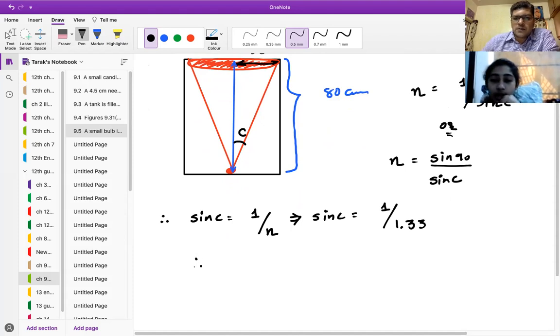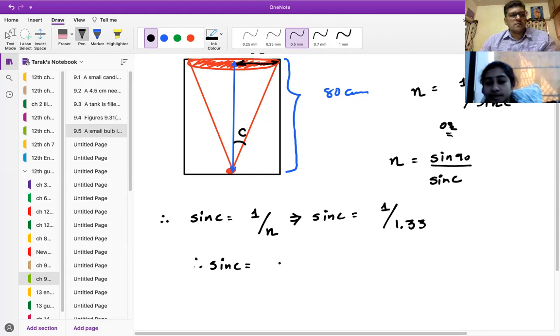Let me check it out. It is 1 divided by 1.33, 0.7518. So sine C equals 0.7518.